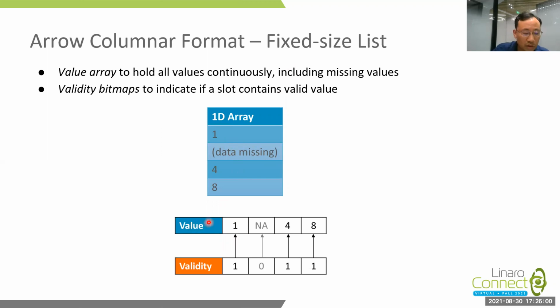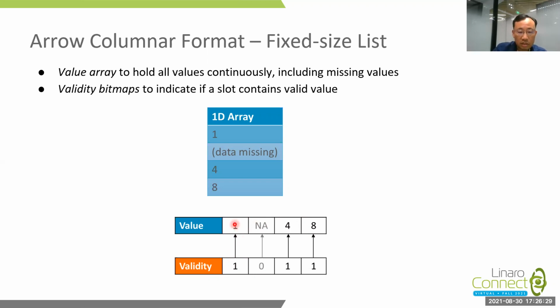First, the value buffer is the green one. The value buffer has 4 values mapping directly to the original values. You can see the second value, where data is missing, can be any padding value. Any value is okay, just the same size as the other values. There's also a validity bitmap to indicate which value slot is valid.